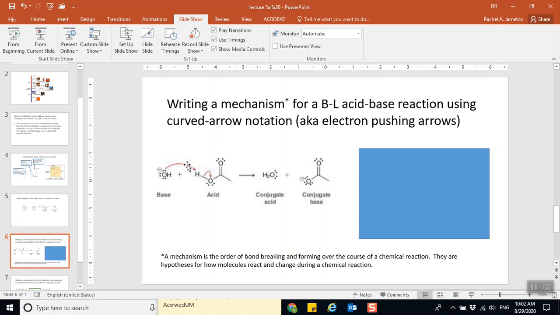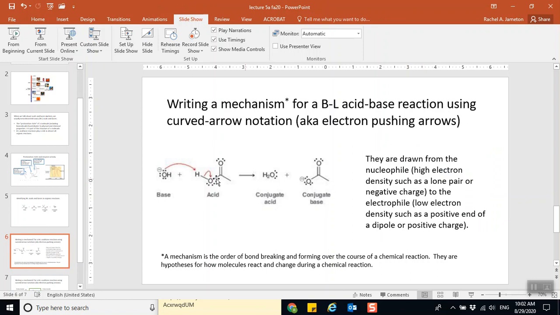So note that the curved arrow starts at the electron-rich site. So that means a lone pair, the high electron density place, a lone pair, or negatively charged species.